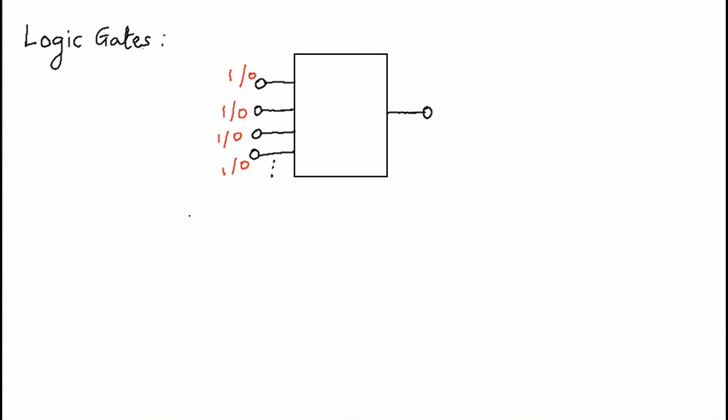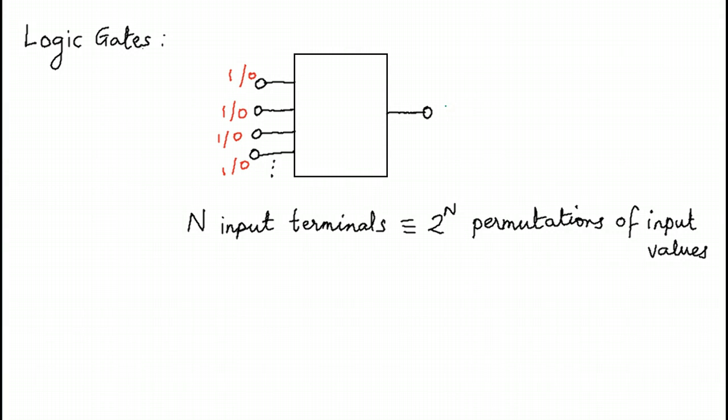What this means is that if there are n input terminals, then correspondingly there can be 2 raised to n different permutations of the input values. Also note that the output value can also be either 1 or 0, and the logic gate is made in such a way that for every permutation of these input values there will be a specific output value which will be either 1 or 0.